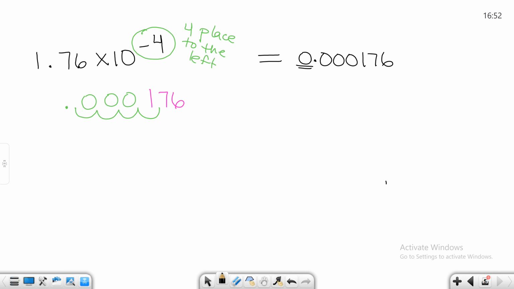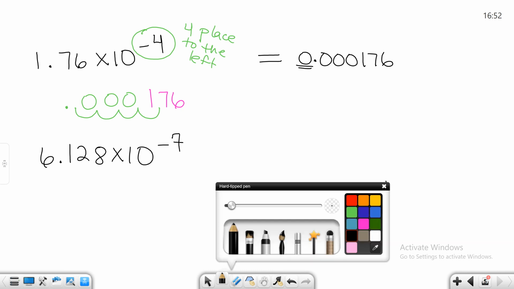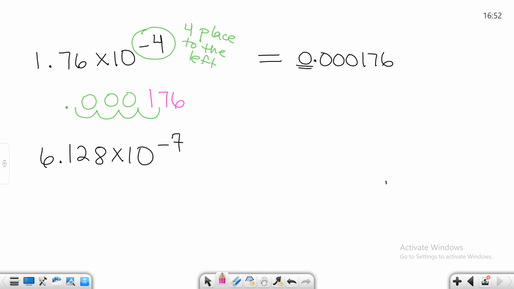Let's go ahead and try that again. So I already know that the exponent tells me I'm going to move to the left. So I have to make sure that when I write my number, I write it on the right side. 6.128.